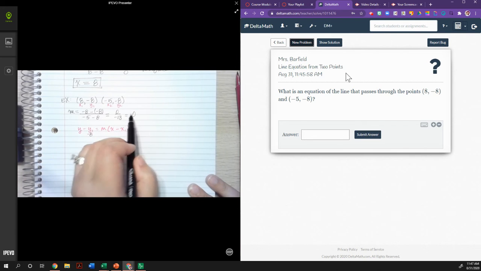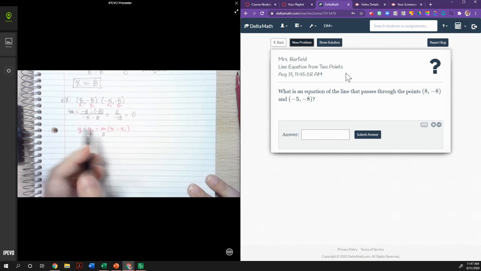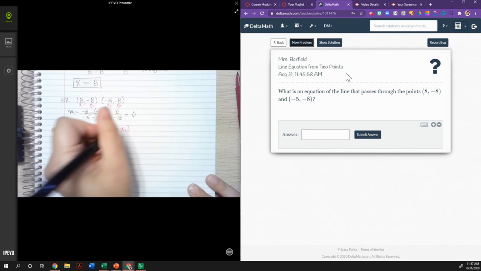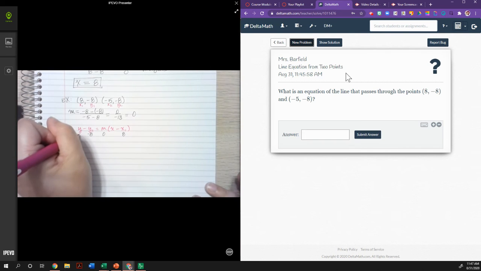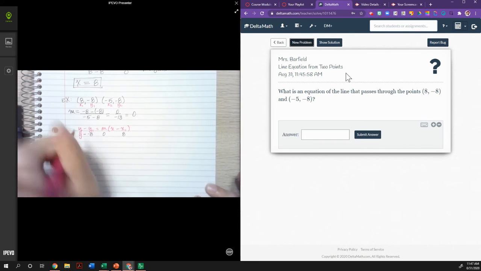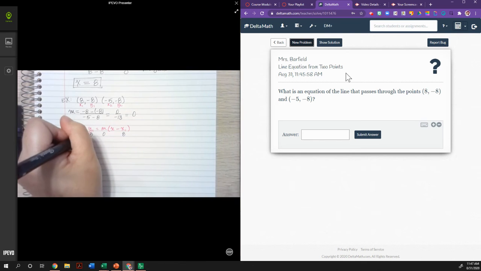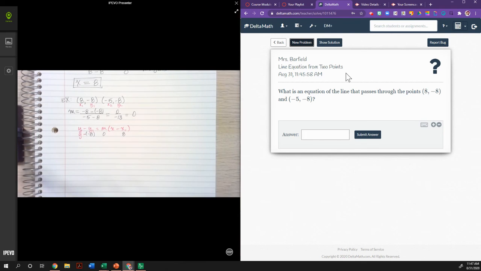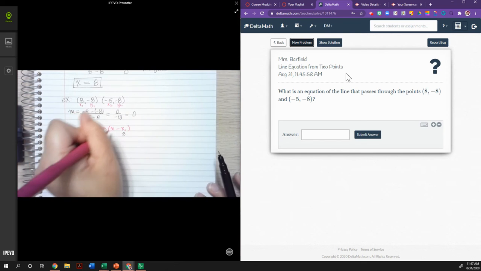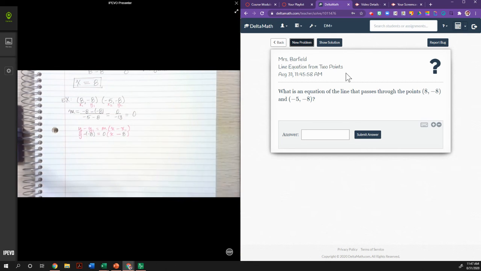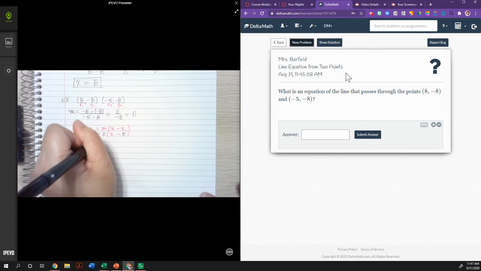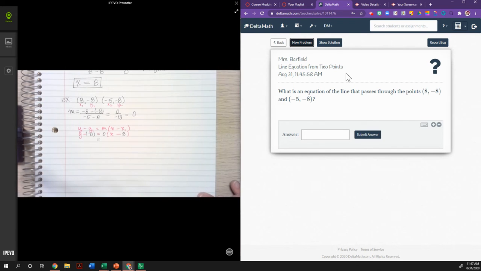My m equals 0, and then my x1 is 8. All right, so now I'm going to bring down the rest of it very carefully. y minus -8, so let's put that in parentheses, equals m times parentheses x minus 8 parentheses.